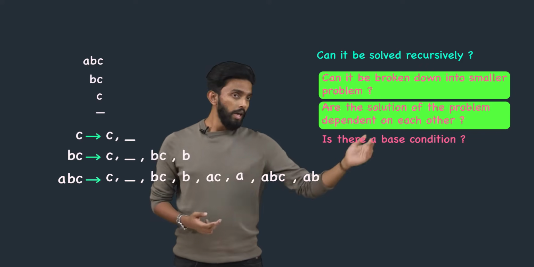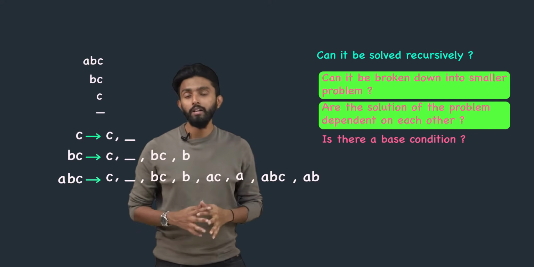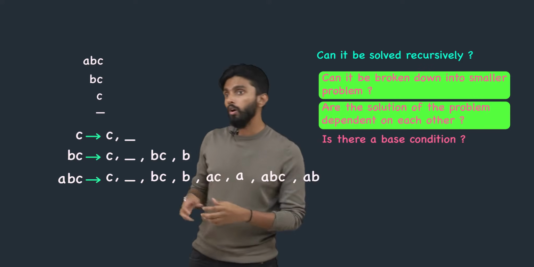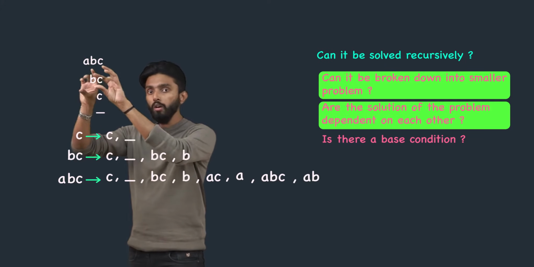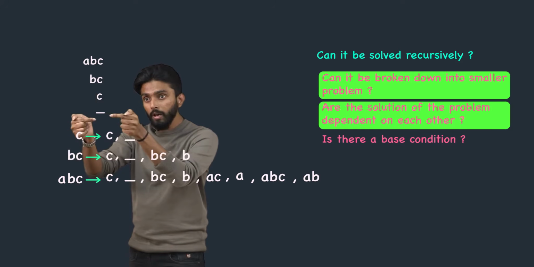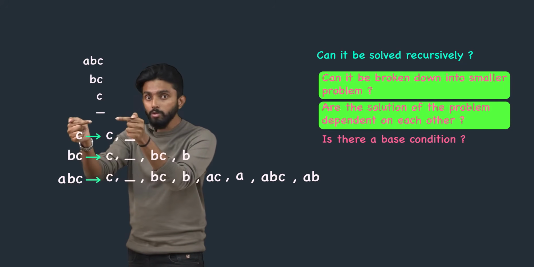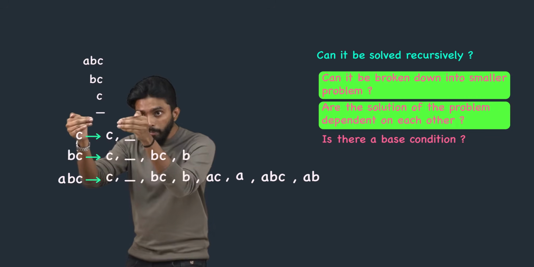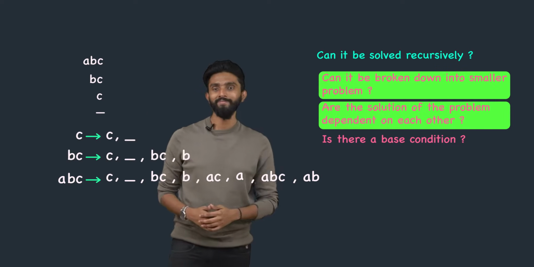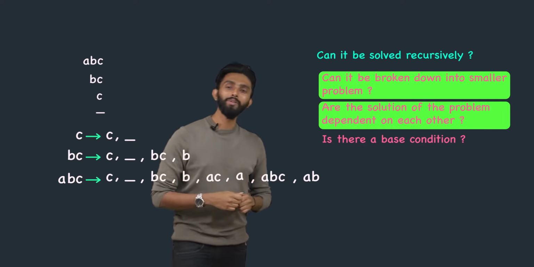Is there a base condition? 100% there is, because ABC can be broken down into BC, BC can be broken down into C. When I break it down further, it becomes empty. Once it becomes empty, I am stopping. So there is a base. It is not going to be infinite recursion. So even this becomes green.